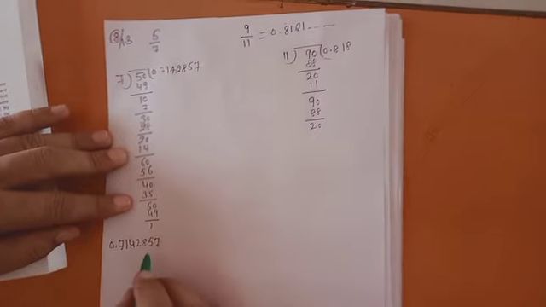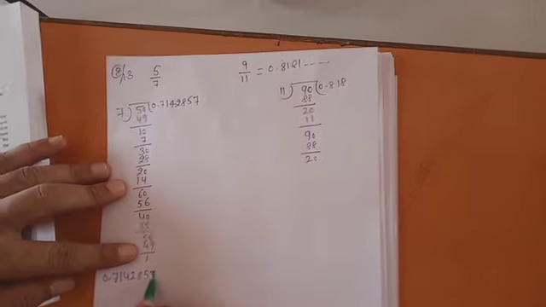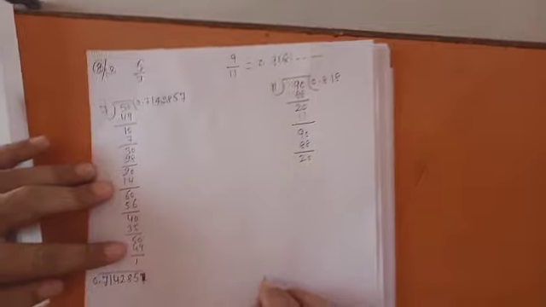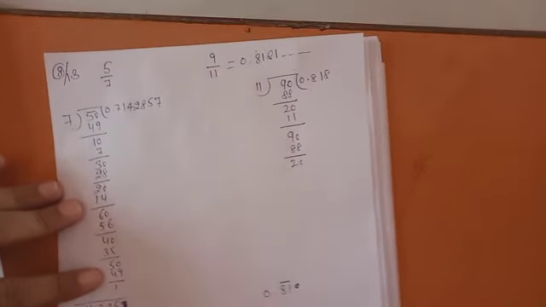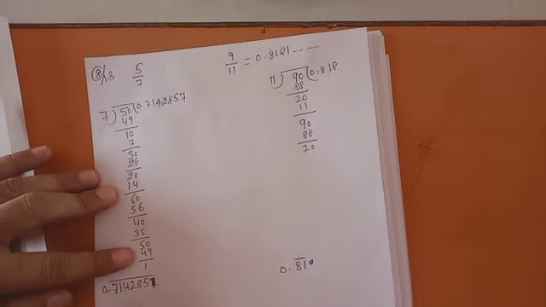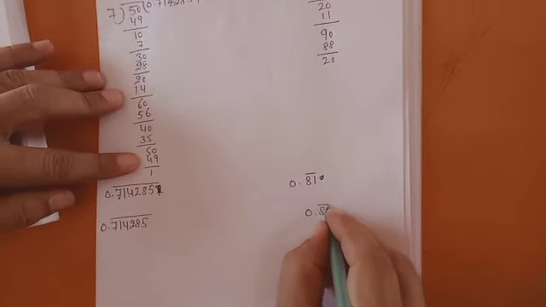Here it is 7, meaning till here, the repetition starts again. And here 0.81 bar. So you can write 0.714285 bar, and here 0.81 bar.